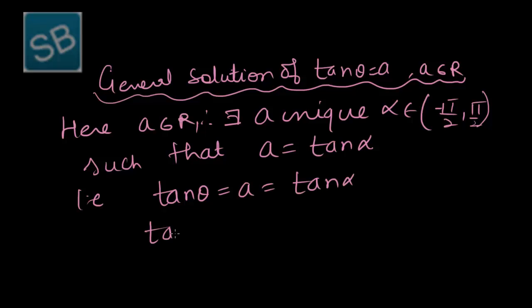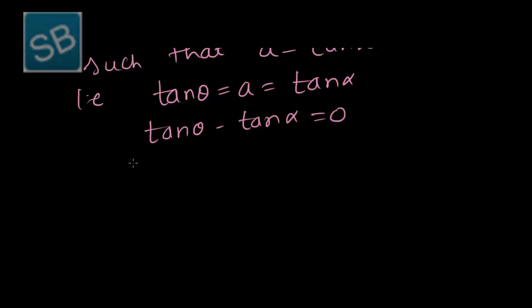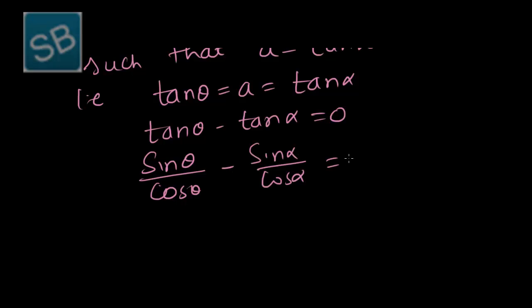That gives tan theta minus tan alpha is equal to 0. By changing tan into sin and cos, we get sin theta over cos theta minus sin alpha over cos alpha is equal to 0.